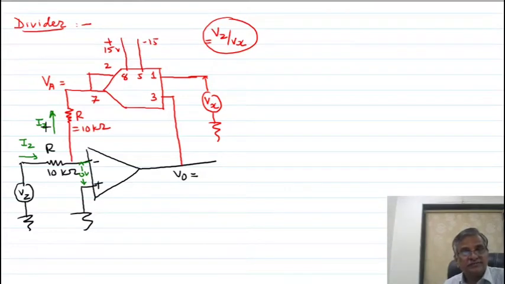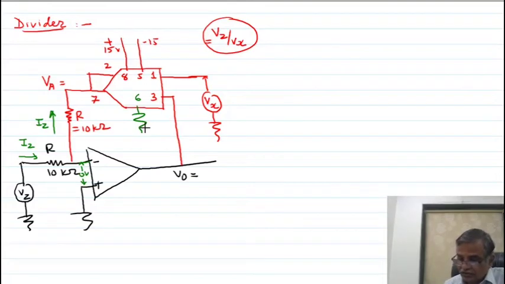Now listen again. The division is a complement of the multiplication. The division can be obtained by putting the multiplier IC in a feedback path of the operational amplifier, as shown in the figure.